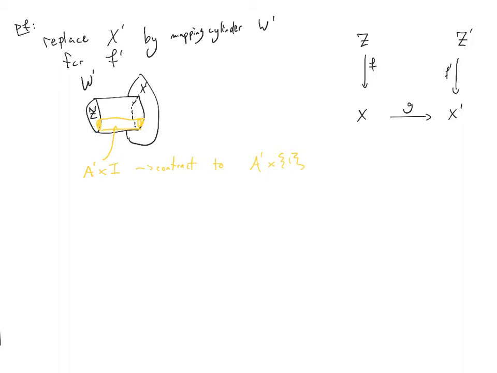And so we're also going to assume new cells only in degrees bigger than n or bigger than n prime, respectively, in Z.